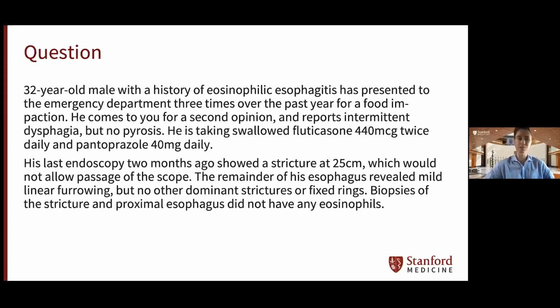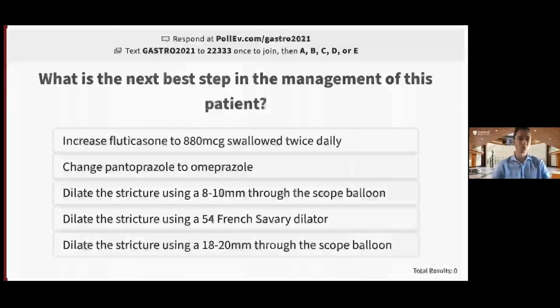His last endoscopy 2 months ago showed a stricture at 25 centimeters, which would not allow passage of the scope. The remainder of his esophagus revealed mild linear furrowing, but no other dominant strictures or fixed rings. Biopsies of the stricture and proximal esophagus did not have any eosinophils.